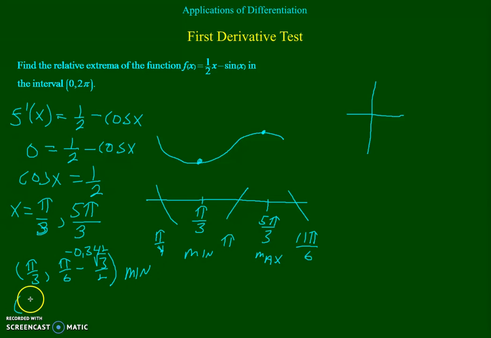And our maximum is going to be at 5 pi over 3, and we're going to be at 5 pi over 6 plus square root of 3 over 2. This value is 3.484. And so that's our max. And that's a simple way to use the first derivative test. Let's look at another example.